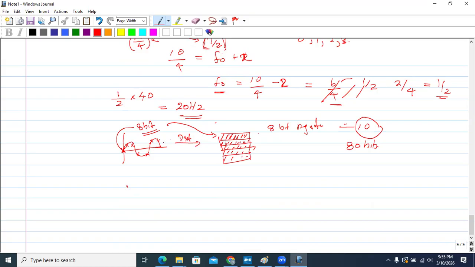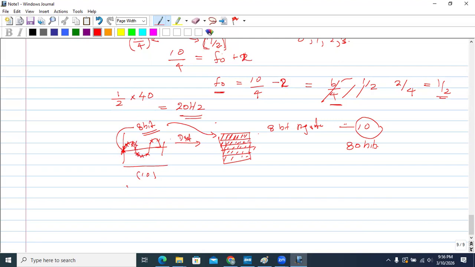If you need to store this, you need to have 10 samples. Let's say you are selecting a higher sampling frequency. That means you are getting more samples. When the sampling frequency increases, you get more samples.